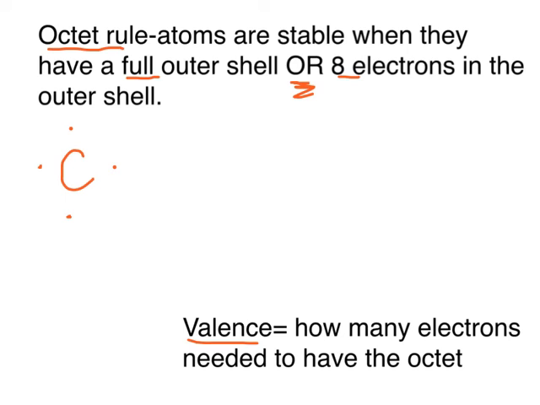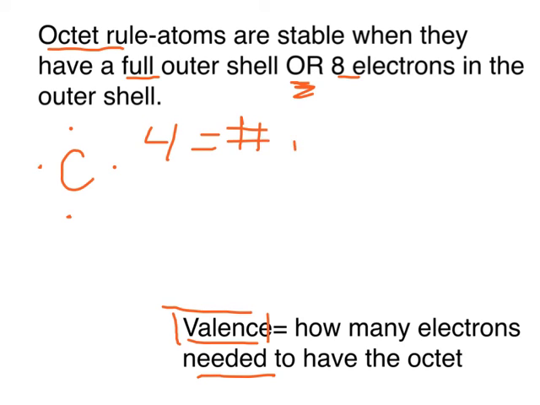If we take this concept of valence, valence is how many electrons an atom needs to have the octet. Okay, so how many electrons would it need to be stable? In the case of carbon, you have 4 electrons in the outer shell, it needs 8, so carbon's valence is 4. What that means is carbon is going to make 4 bonds to be stable.